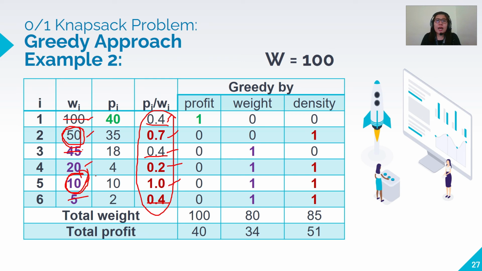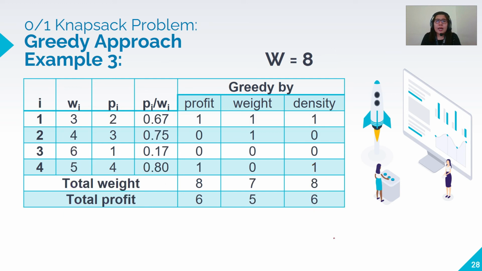So, yung natira, 35 minus 20, mayroon pang natirang 15. Okay? So, our profit density or greedy by density, we have 0, 1, 0, 1, 1, 1. Okay? So, our total weight, we will sum this except items 1 and 3, we have 85, and the total profit, we have 51.